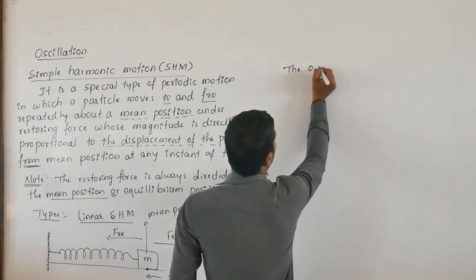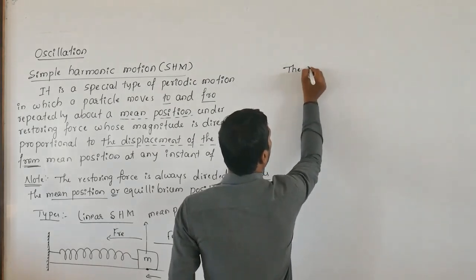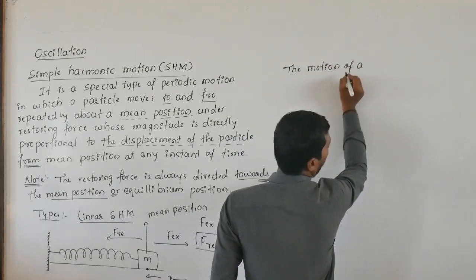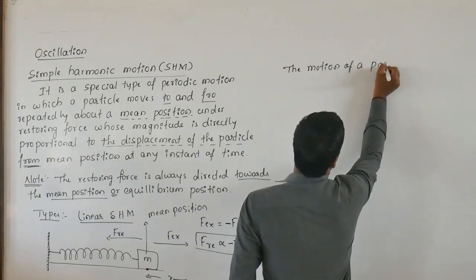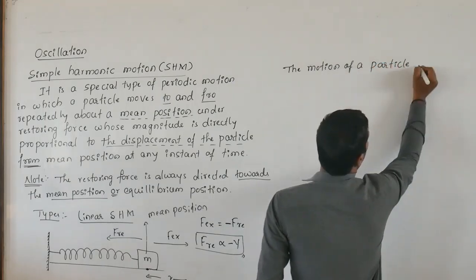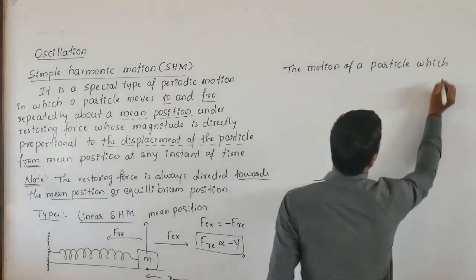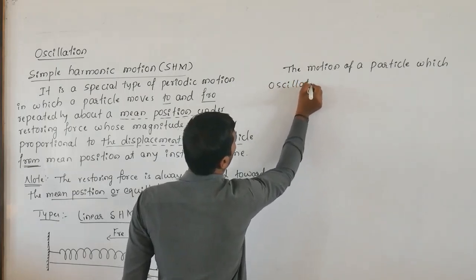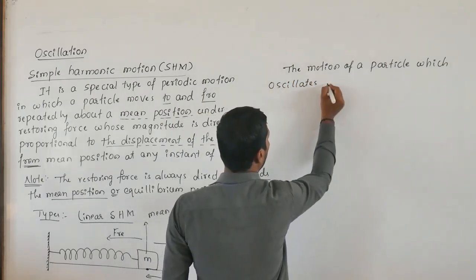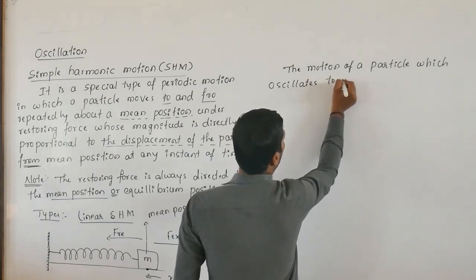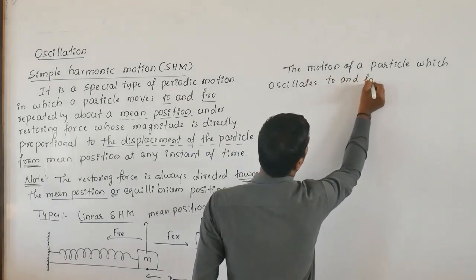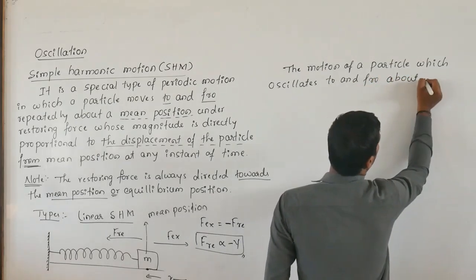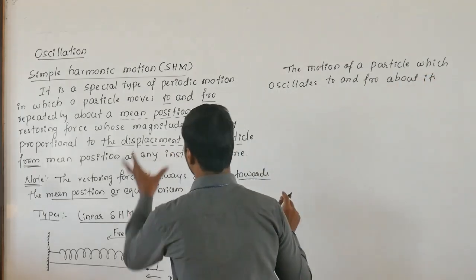The motion of a particle which oscillates to and fro about its fixed point or mean position.